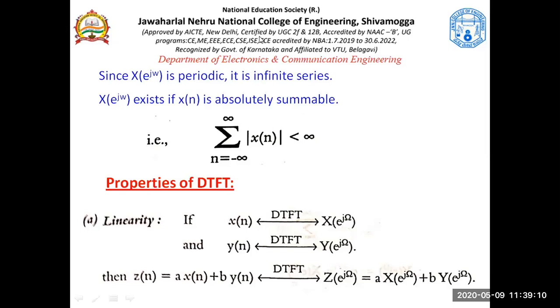So always, if you have to go for linearity, then the input should be the linear combination of the signals. It need not be a linear combination of just two signals. Instead of taking two signals, we can take three signals, four signals, more than two signals. But for explanation's sake, we take just two signals. So we are considering the linear combination of the signals instead of considering the signals alone.